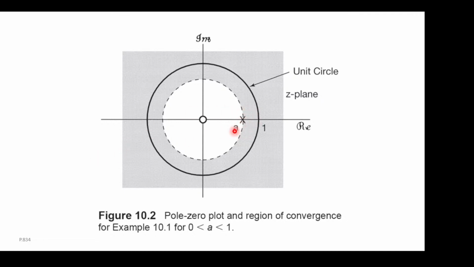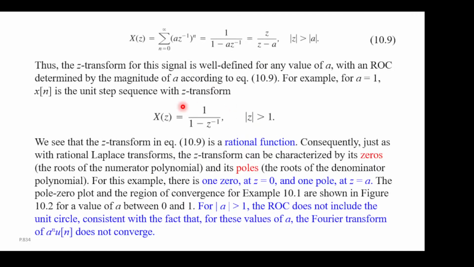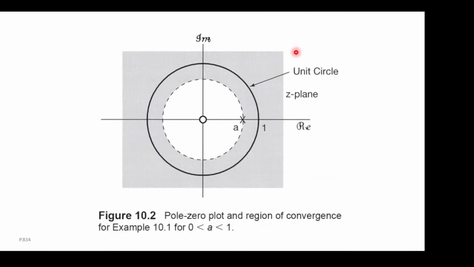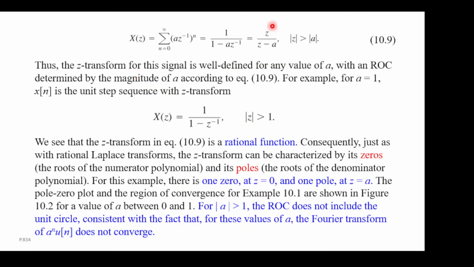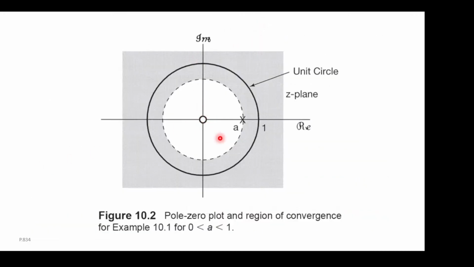Here we have the absolute value of a less than 1. So the pole is inside this unit circle, and your ROC is for every absolute value of z bigger than absolute value of a. So everything outside of this ring is your ROC. And also you have a 0, just because you have a 0 at z equals 0 for this z. Okay, so you have a 0 here.